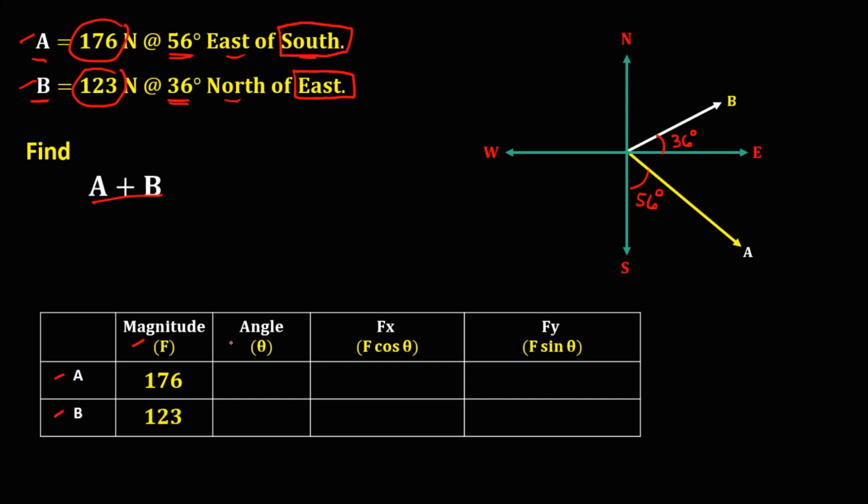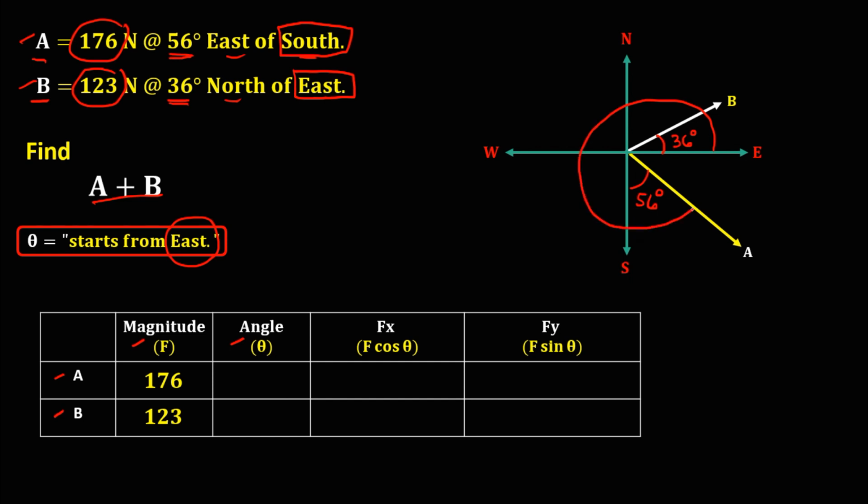Then for the angle theta for vector A, since theta always starts from the east, from the east to vector A, this is now theta. To find this value, this one is 90 degrees, this is 180 degrees, and 270 degrees.